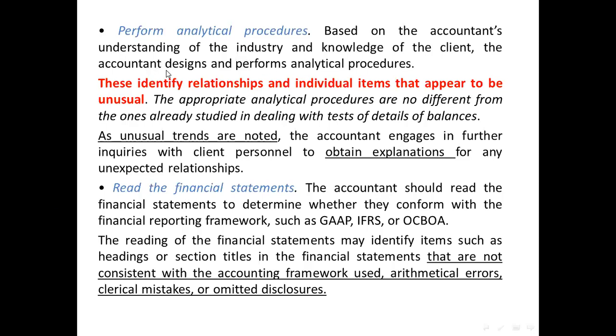The accountant or the external auditor designs and performs analytical procedures to identify unusual items. The appropriate analytical procedures do not differ from the ones used in conducting audits, as a test of details, the same items, the same comparisons, whether for items presented in the income statement or the financial position.